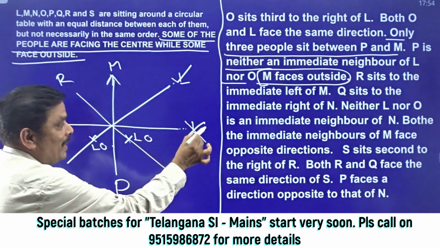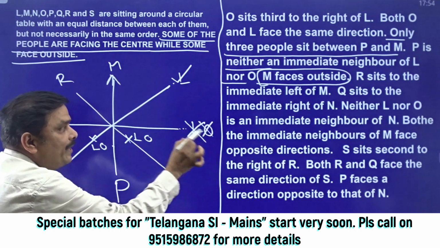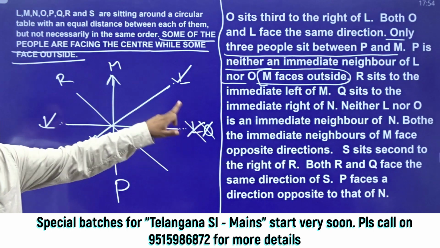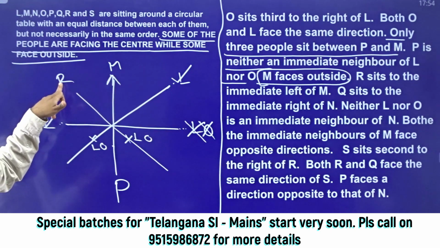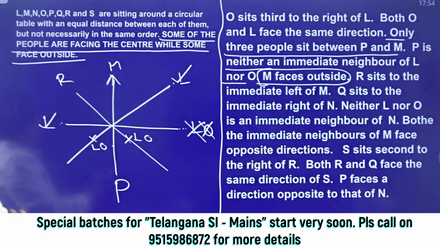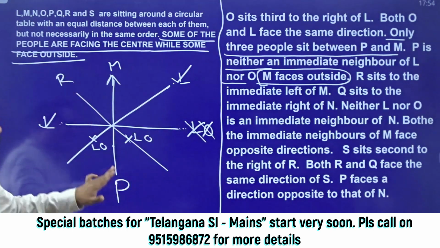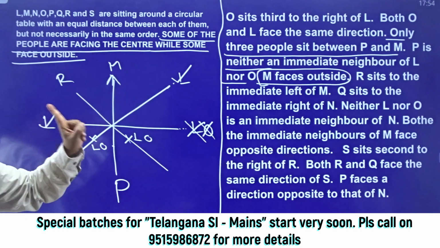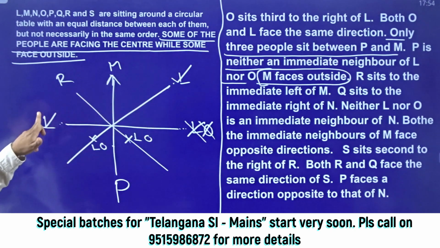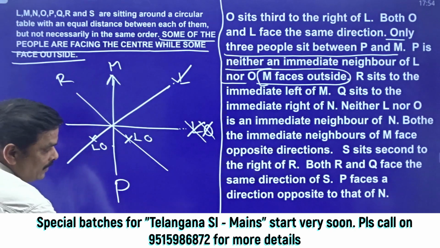At the same time, I cannot keep O here. Because if I keep O here, first, second, third, it should be L. No. So what is the conclusion, students? Luckily, for these 2 persons, 2 places are there. This and this. Now I am going to depict the data.